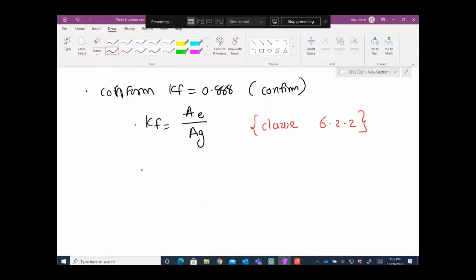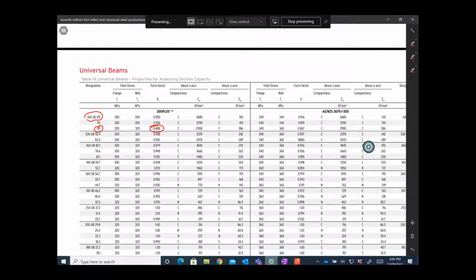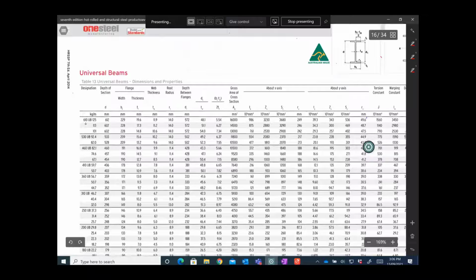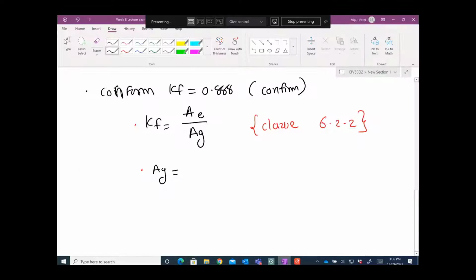Easy meaning let's get the gross area first. Gross area can be found, by the way, we are working with 610 UB101. The gross area of the cross section is 13,000 millimeter square. So let's put that value, 13,000 millimeter square. That is coming from OneSteel.